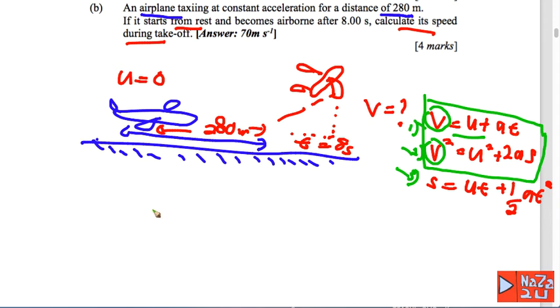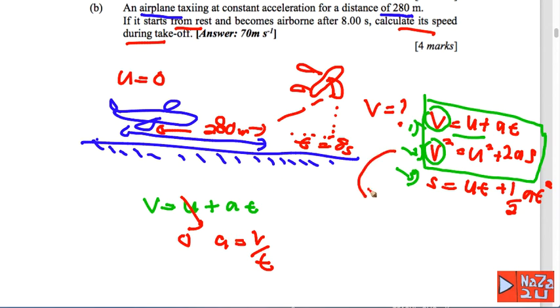Start with the equation v is equal to u plus at, and the value of u here is equal to 0. So we have acceleration a equal to v divided by t. But the acceleration is the same value for the second equation, so you can use v squared equals u squared plus 2as.